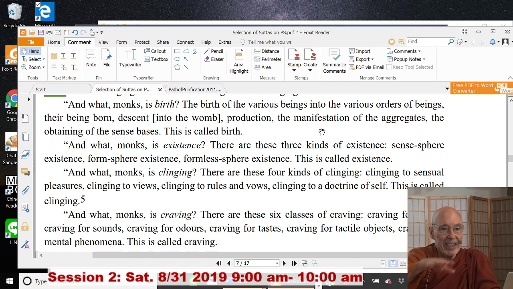So I call these different vibrational frequencies for consciousness. Our states of consciousness, even as we go about our daily lives, are operating at different vibrational frequencies.